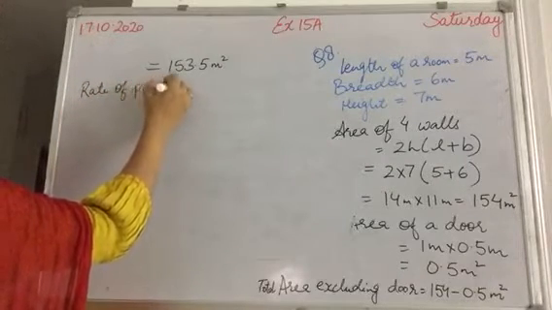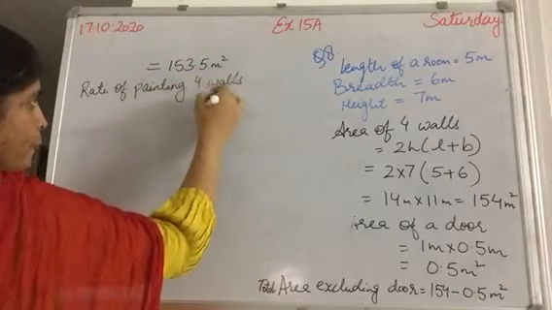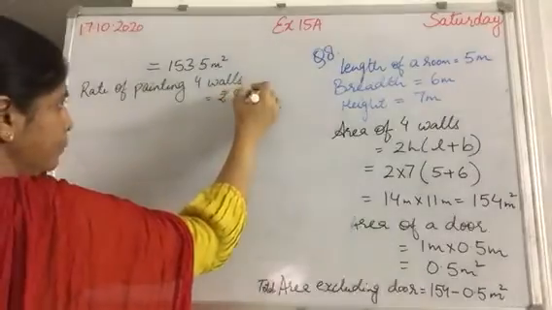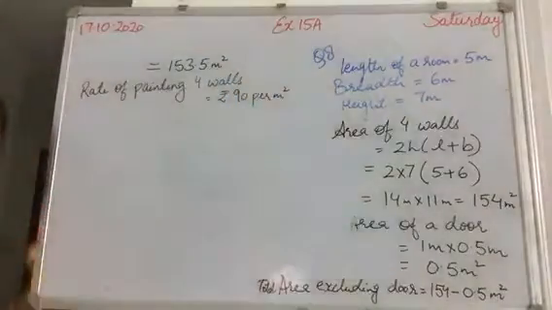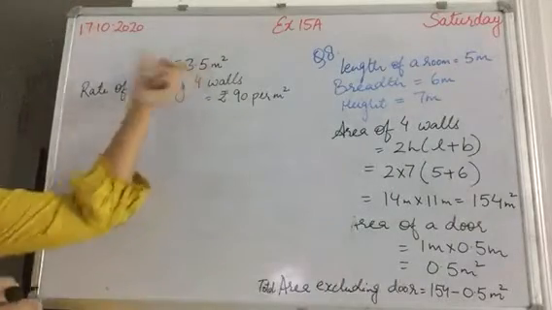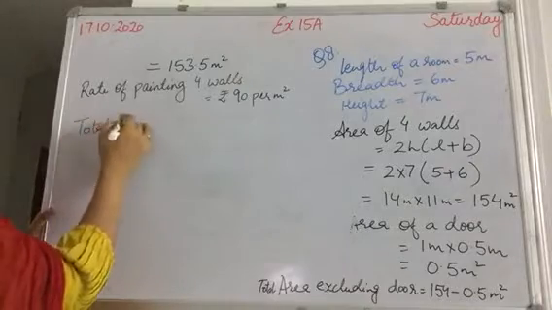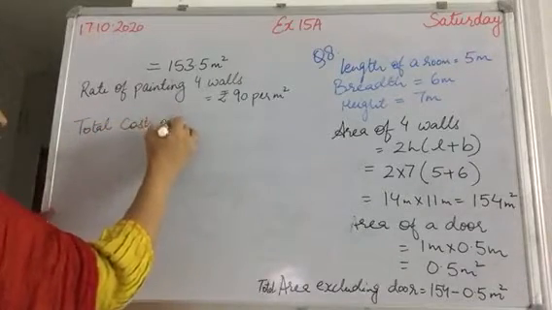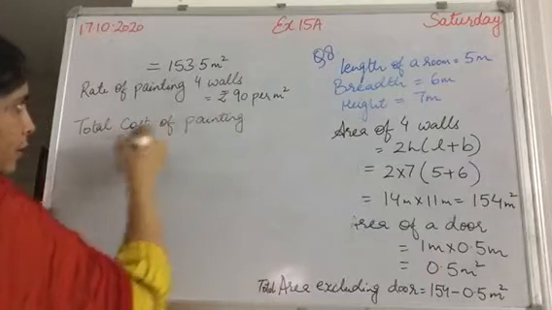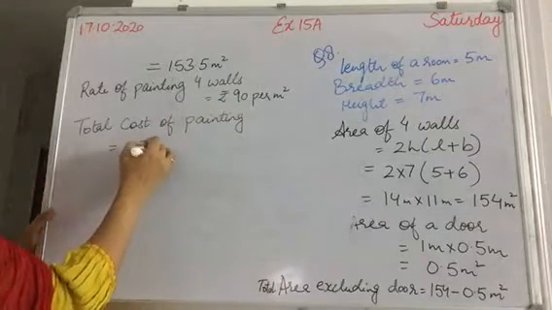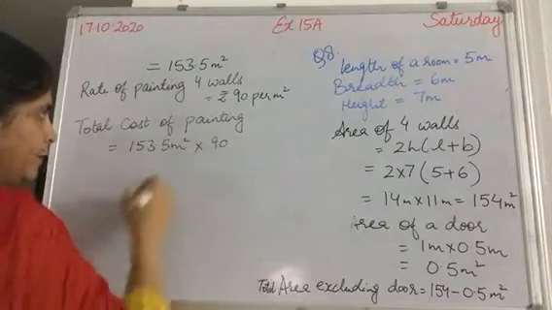Now the rate of painting 4 walls is rupees 90 per meter square. That means 1 meter square rate is rupees 90, and we have to calculate for this. So total cost of painting is 153.5 meter square into rupees 90.